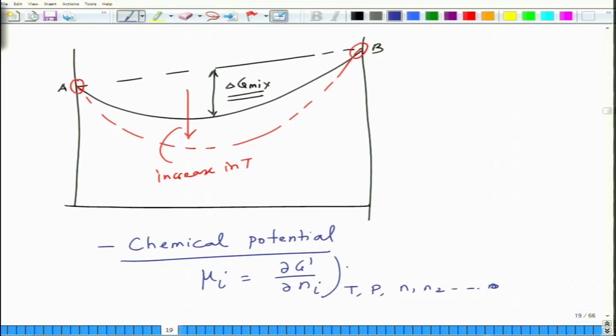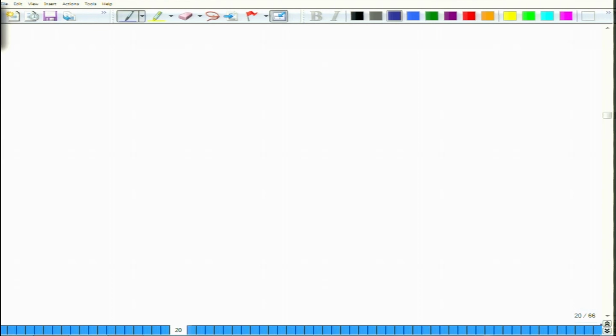So, incremental change in the free energy upon making an incremental change in the composition leads to a property called chemical potential. So, chemical potential is basically representative of how the free energy will change when the composition of a system is changed, and this composition change is very incremental, it is not very large.